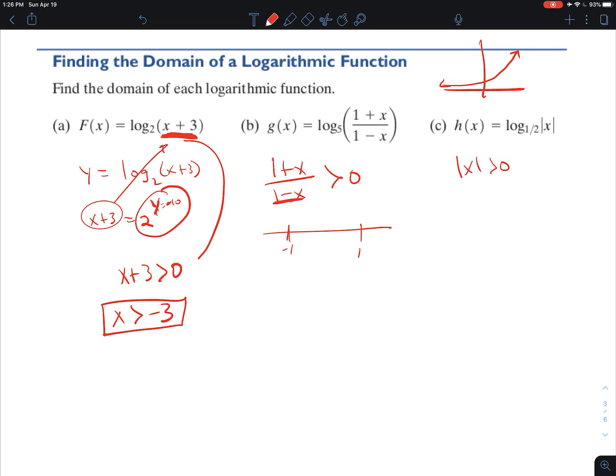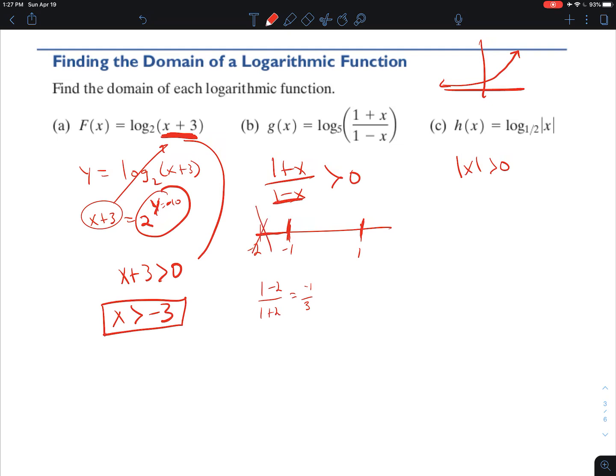So if these are my critical values, I need to test where this is good and where it's not good. So if I test, let's see, what did I just say? Was greater than negative 1. I think that was what I said. So negative 2, is that going to work? Let's try negative 2. 1 minus 2 over 1 plus 2 is negative over positive. That didn't work.